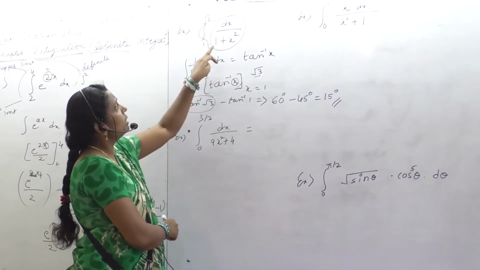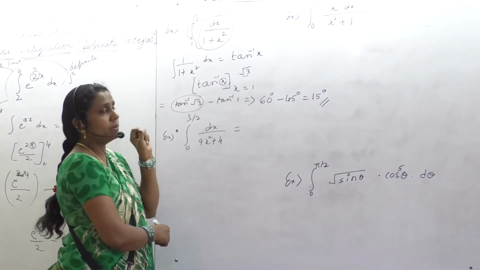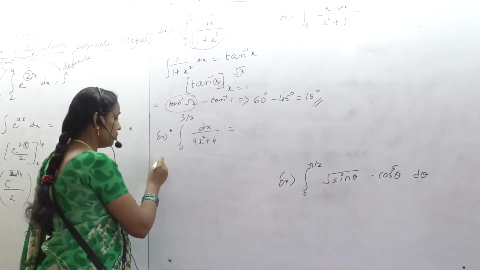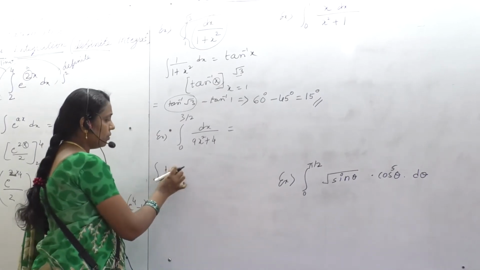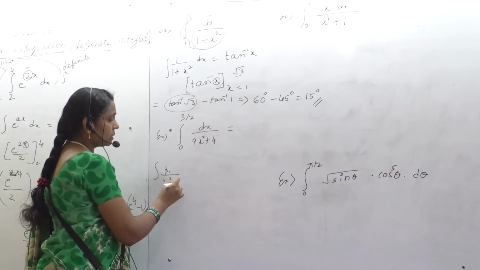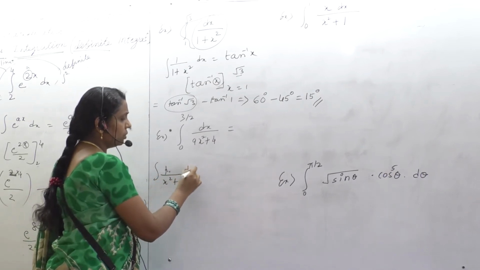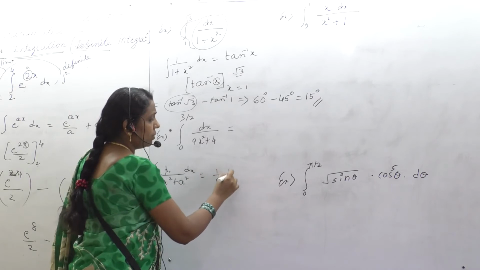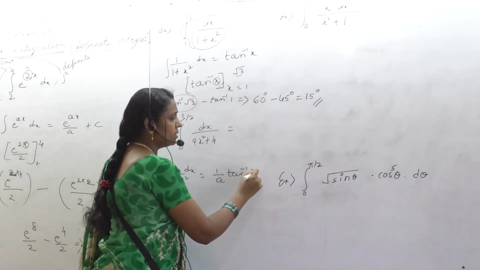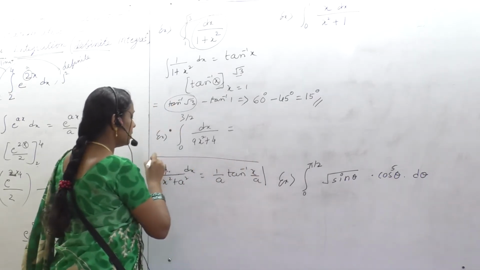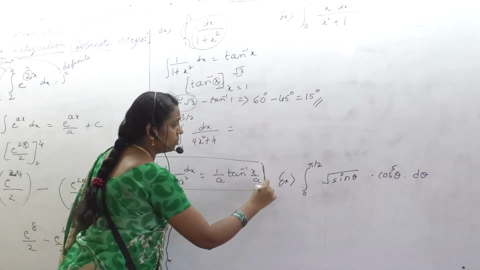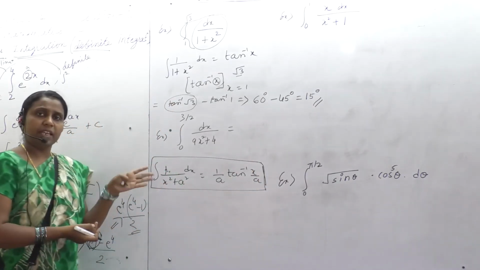How can we make it in the correct format? It should be like 1 plus x square, or let me give you a general formula. Integration of 1 divided by x square plus a square is equal to 1 by a into tan inverse of x by a. This is the formula. Please do remember this one. It's a general formula. You can be using this in any of the cases.